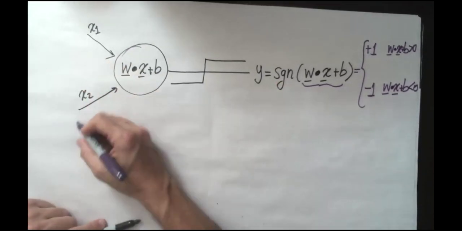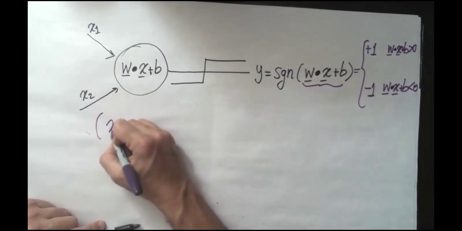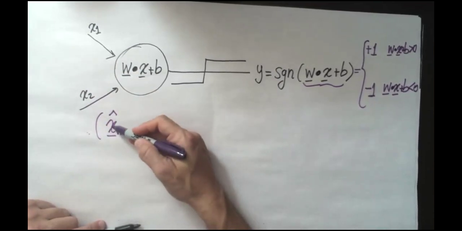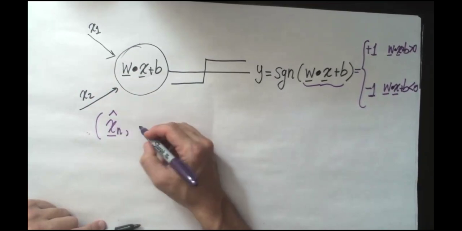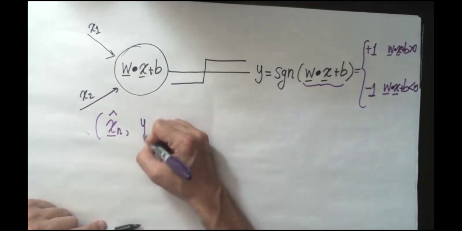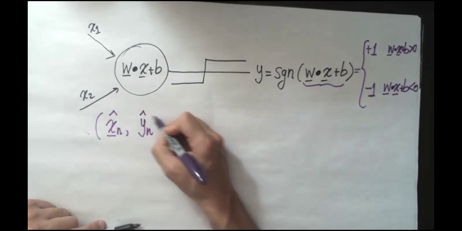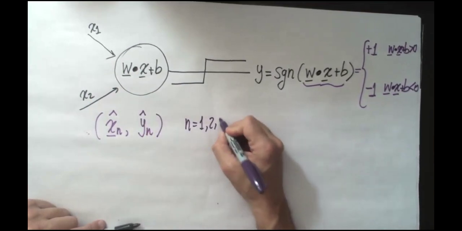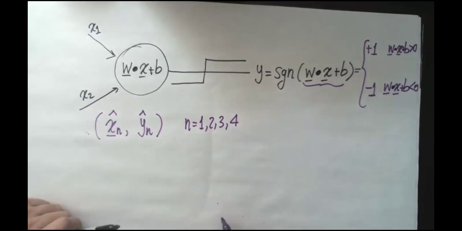So we have our data set, which has an input vector and an associated label, which is a scalar. And we have 4 of these data.